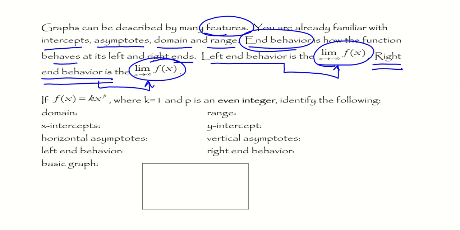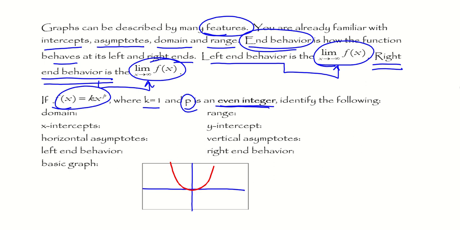So let's start by looking at our power functions where k is 1 and our exponent is an even integer. So if we look at the graph of all your power functions, right, all of those graphs look similar to y equals x squared, right? And examples of these would be y equals x squared, y equals x to the 4th, and y equals x to the 6th, and so on.